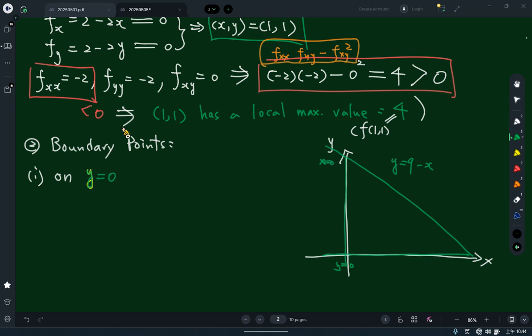So if the boundary happens on y is equal to 0, so y is equal to 0 is here. Is this one. Right now we focus on this one. For this case, we can get f of x, y is equal to f of x, because for any point on this line, its corresponding y value is 0.